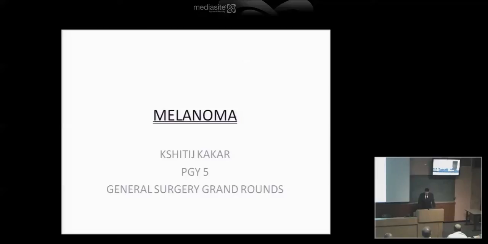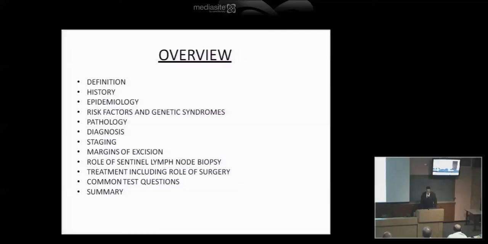For the next 45-odd minutes, I'll be talking about melanoma. My talk is going to begin with the definition of melanoma and the history and epidemiology of melanoma. I'll talk about some of the risk factors and genetic syndromes associated with melanoma before going on to the pathology and the various subtypes of melanoma.